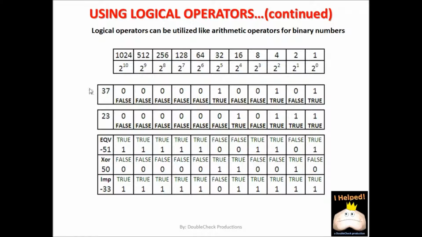What we end up with is 37 exclusive 23 equals 50. We do the same thing with the implied, and we end up with 37 implied 23 equals negative 33. So 37 equivalent 23 equals negative 51, 37 exclusive 23 equals 50, and 37 implied 23 equals negative 33.